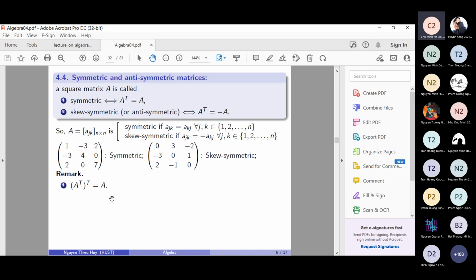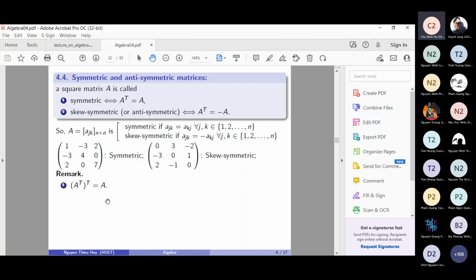So (A^T)^T, you obtain A. You write row as column and then column as row, then you obtain the original row again.